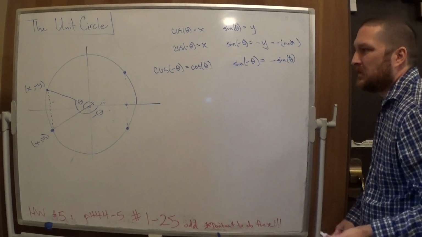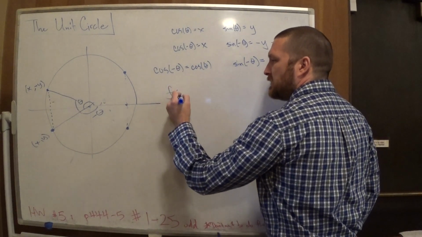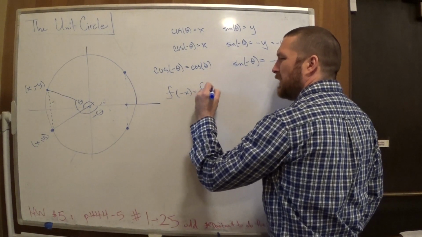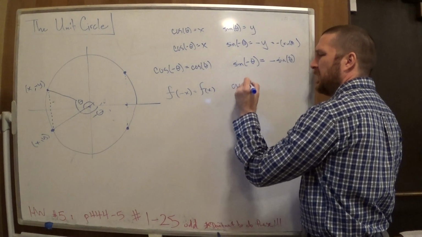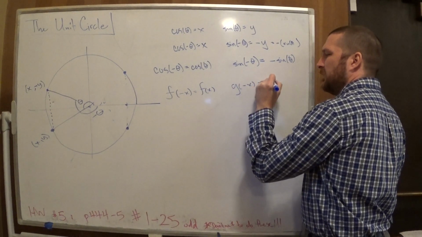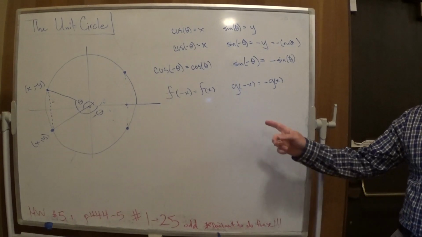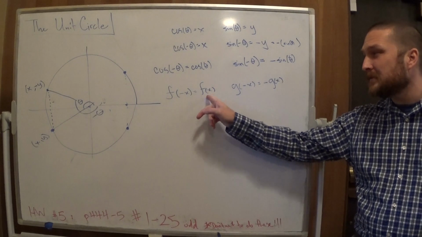In fact, these functions have this property that in this case, you plug in a negative and you get what it was when it was positive. This function has a property that when you plug in a negative, it becomes the negative of whatever the positive is. This looks familiar. This type of function is called a what function?